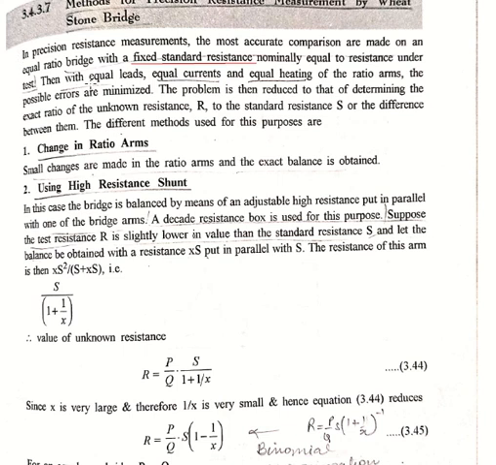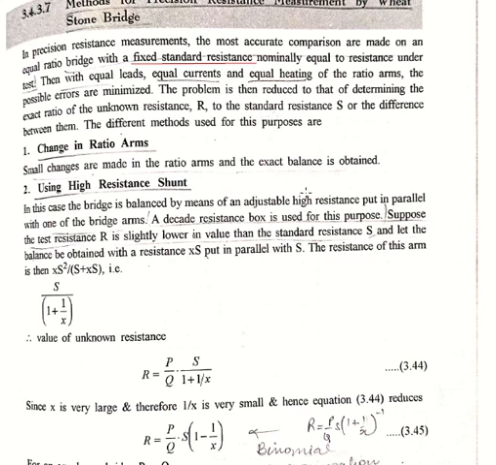Then, with equal leads, equal current and equal heating for the ratio arms, the possible errors are minimized. The problem is then reduced to determining the exact ratio of the unknown resistance R and the standard resistance S, or the difference between them. So by equating all the parameters, we can get the value of the unknown resistance by exact ratio. This is what we do for the precise measurement of our unknown resistance R.